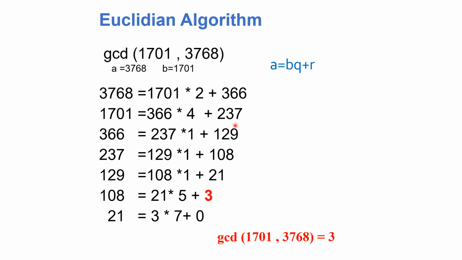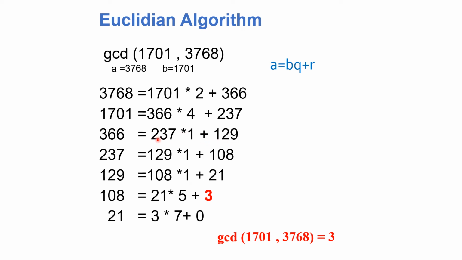Now we move on to the third step. In the third step, we move 366 to the left hand side, and we divide 366 by 237. In that situation, 1 is the quotient and 129 is the remainder. So we write it as 366 is equal to 237 into 1 plus 129.